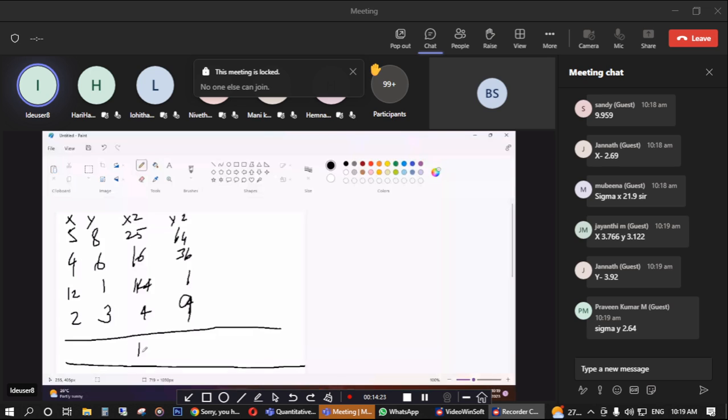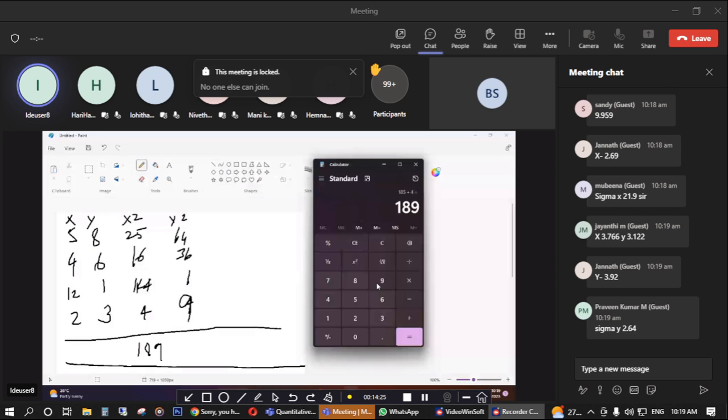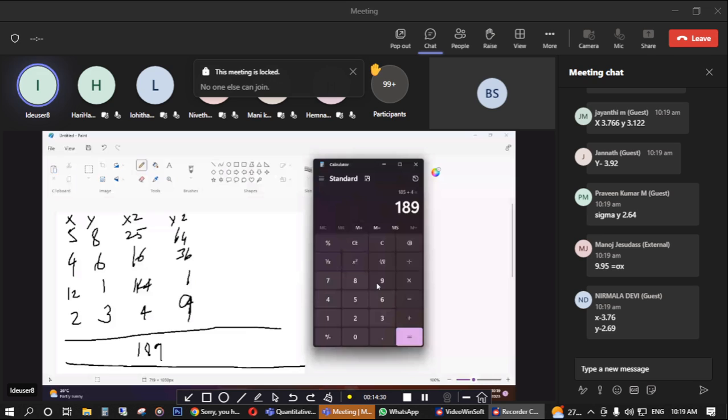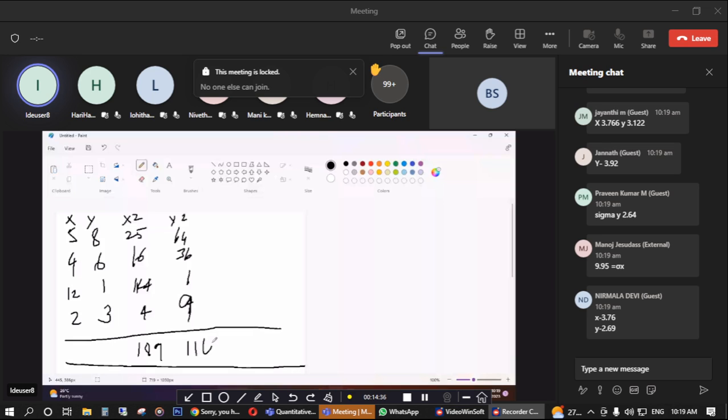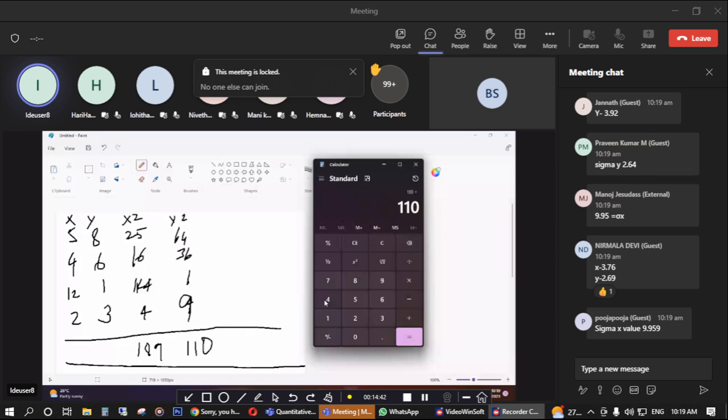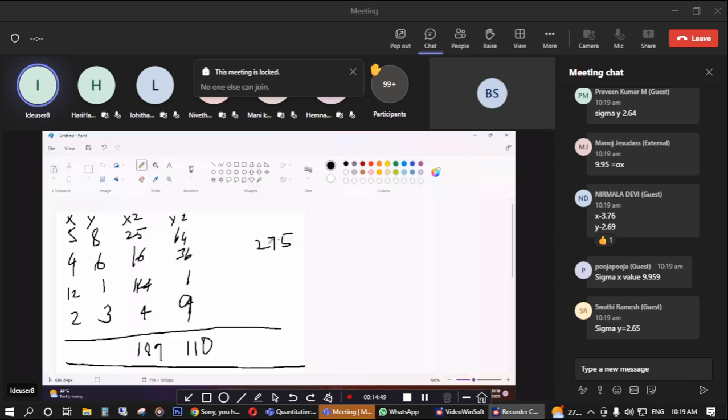And here it is going to be 64, 36, 1 and 9, so it's going to be 110. So 110 divided by 4 is 27.5.